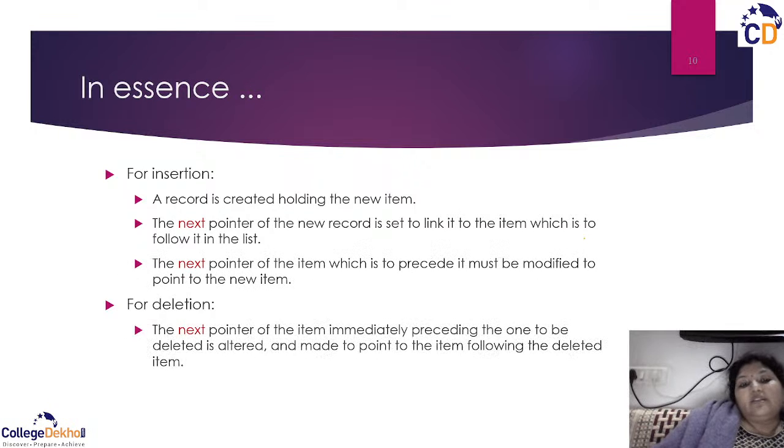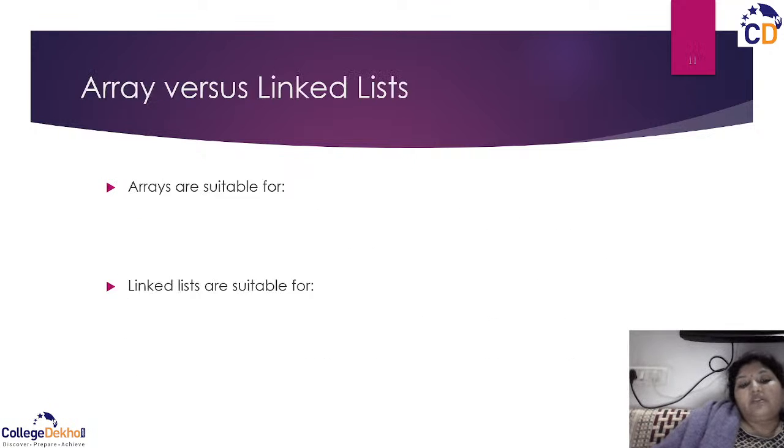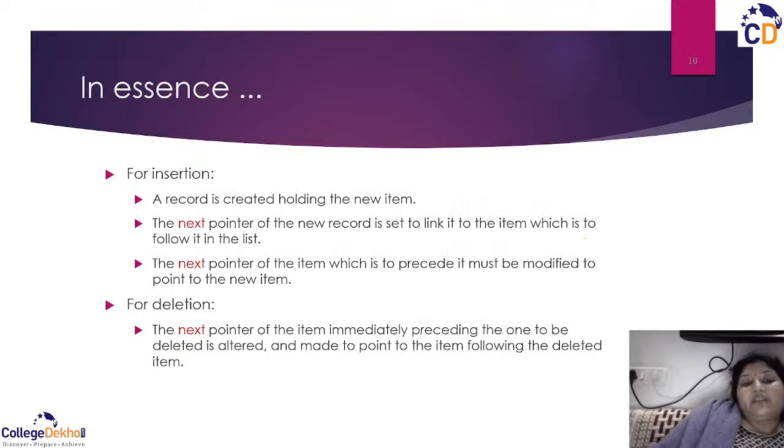Now let us see the essence of this. For insertion, a record is created holding the new item. So suppose I want to insert a temp in a particular linked list, I may have a new data item, right? The next pointer of the new record is set to link it to the item which is to follow it in the list, right?